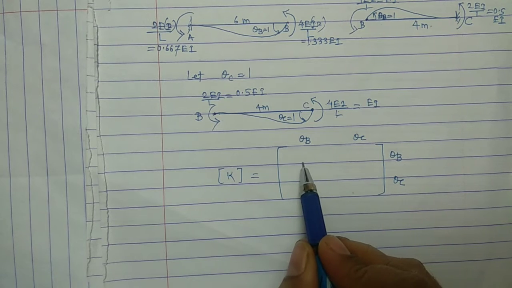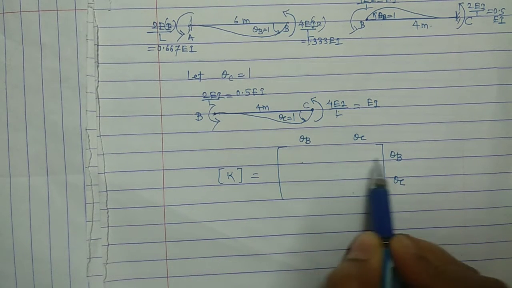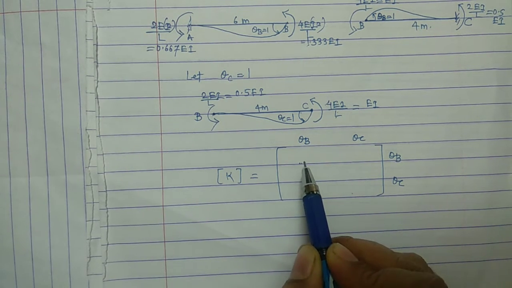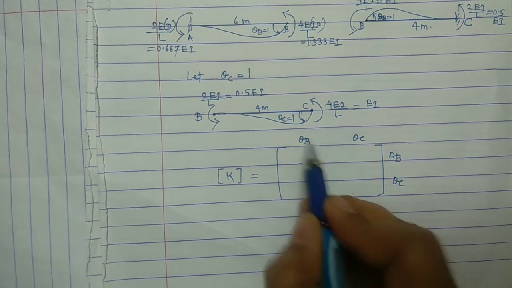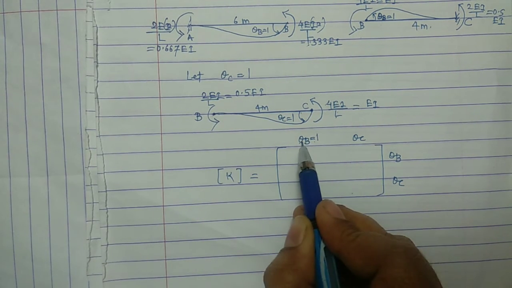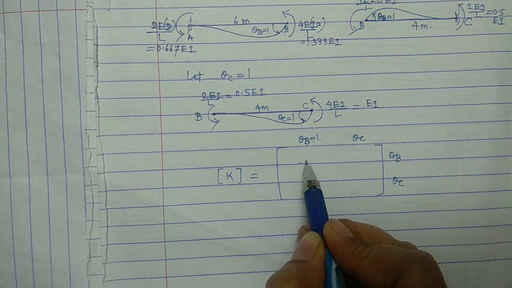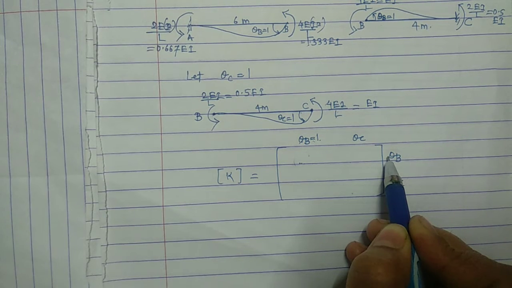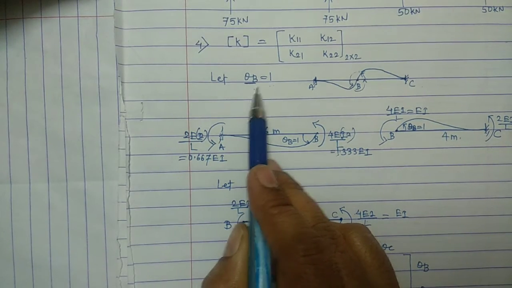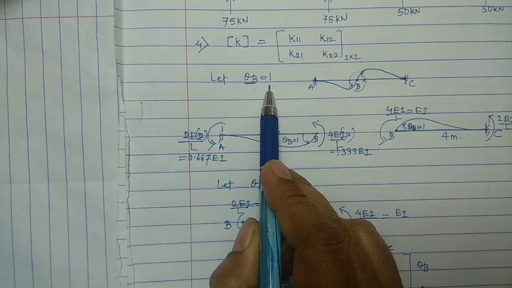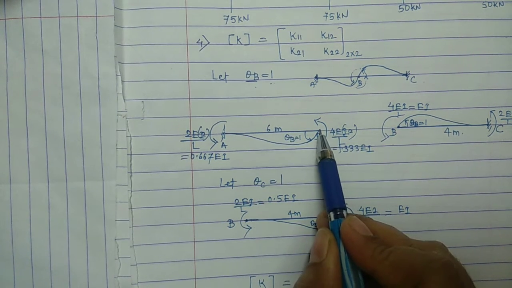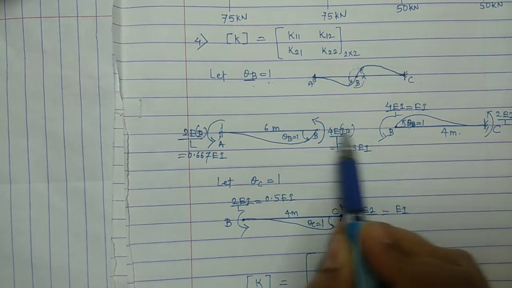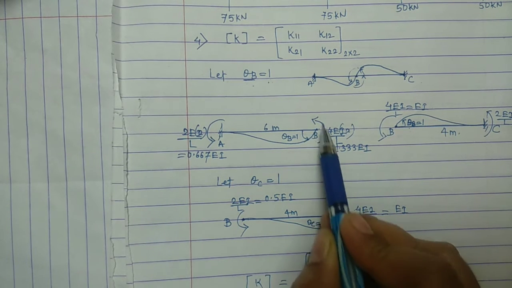Okay, so here this very first element, which corresponds to this theta B column and theta B row, it means here what you have to see, when theta B equal to 1, in this figure, what is the action corresponding to this theta B? So see the figure, theta B equal to 1, action corresponding to theta B is moment. So at B point, when theta B equal to 1, in that figure, you have to see the moment at B point, this moment.